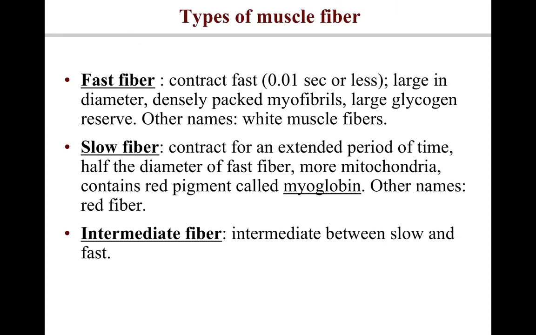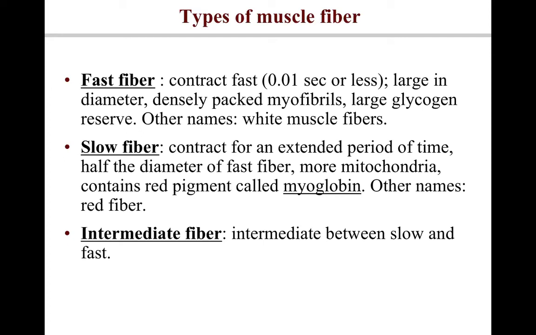And the last part of this lecture is that muscle fibers can be of 3 different kinds: fast fibers, slow fibers, and intermediate fibers. Fast fibers contract fast, and that's the reason they are known as fast fibers. These are large in diameter, densely packed with myofibrils. They have a large glycogen reserve, which can be converted into glucose for their activity.